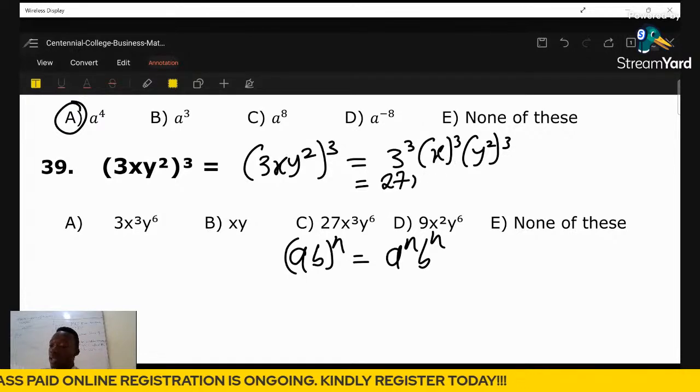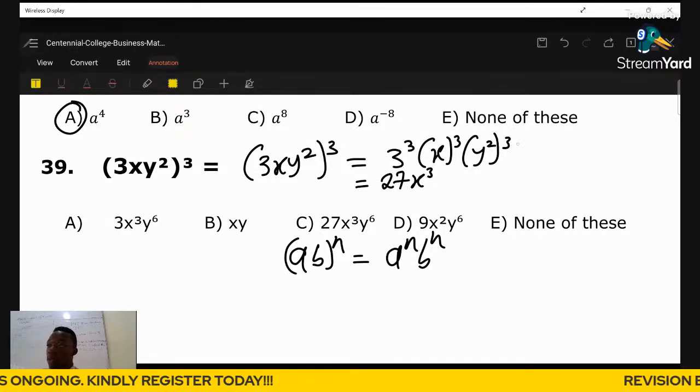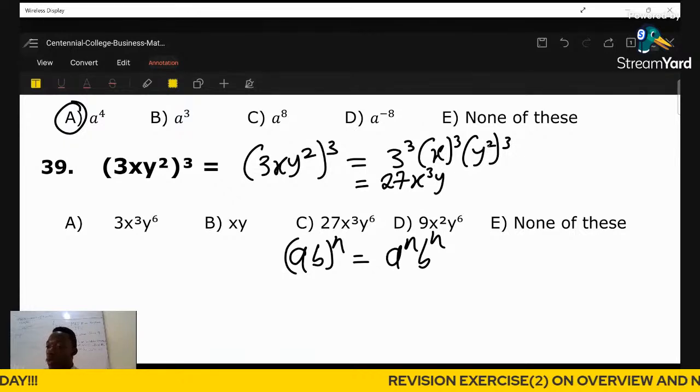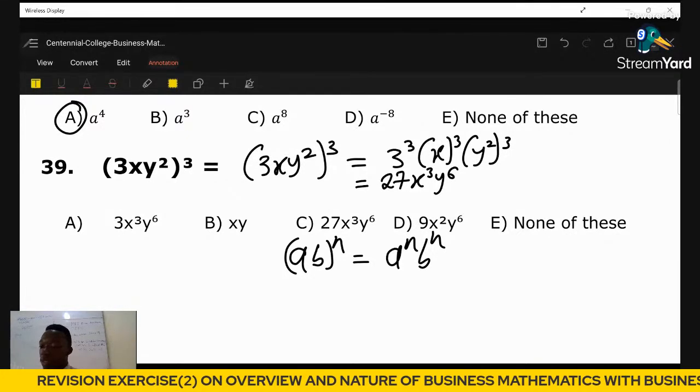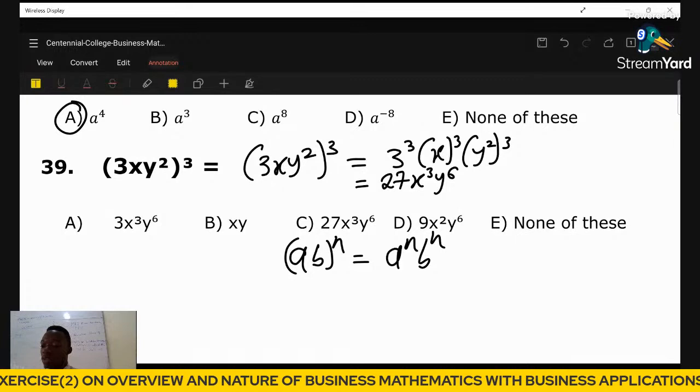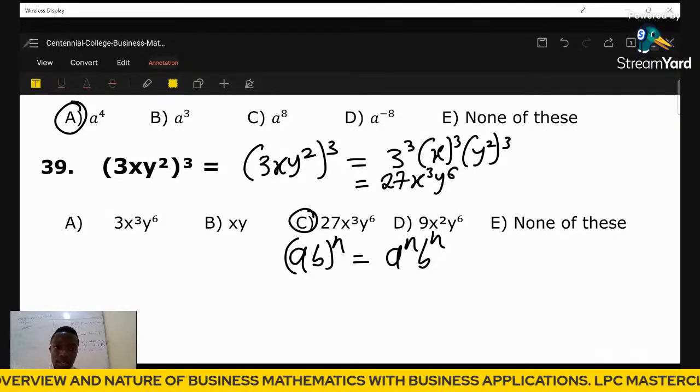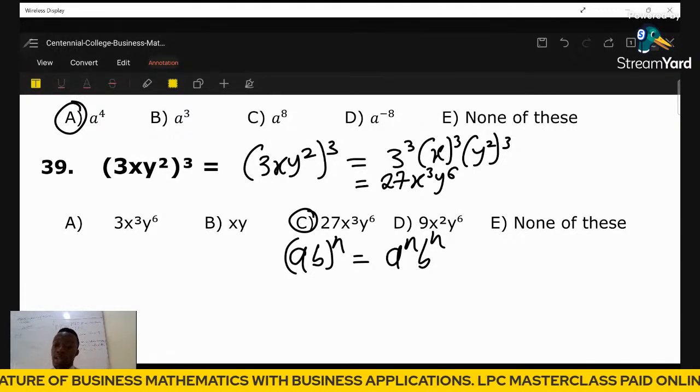Then x cubed, we are getting x cubed. Then y to the power of 2 with another power of 3, so 2 multiplying 3, we are getting 6. We're going to have 27 x cubed y to the power of 6. And we are getting C. These are very important when it comes to the fundamentals.